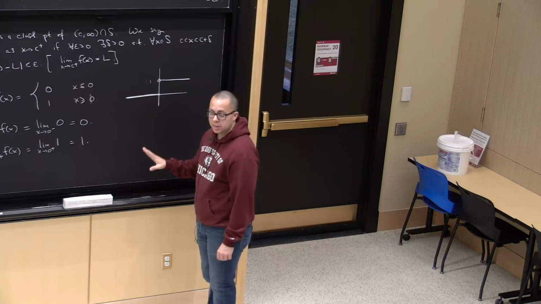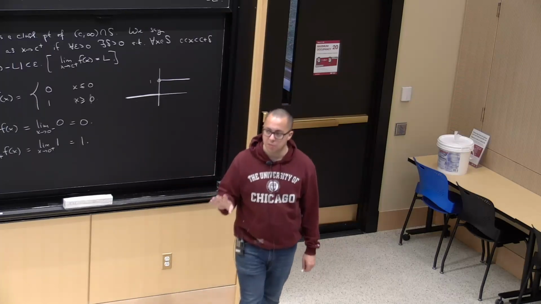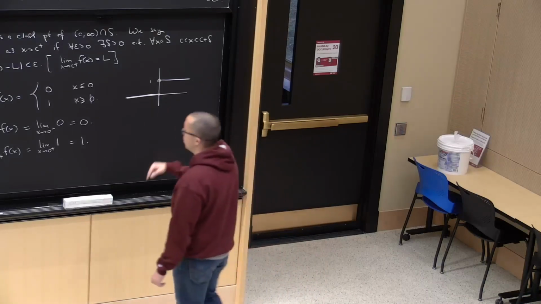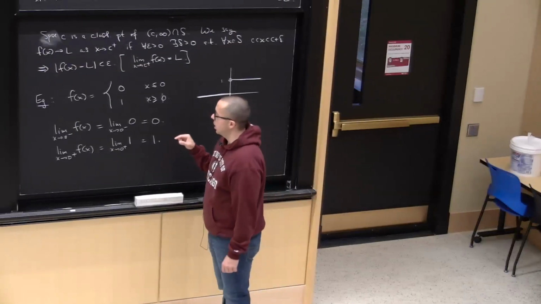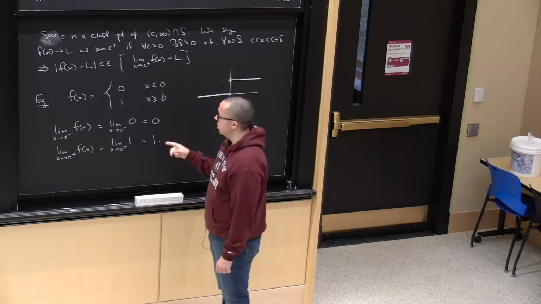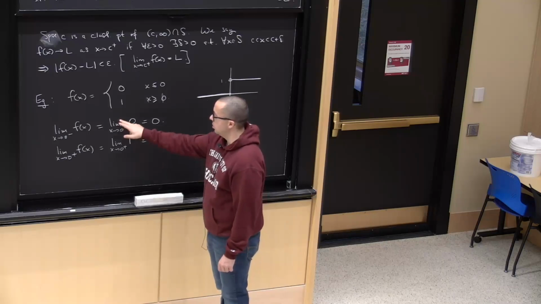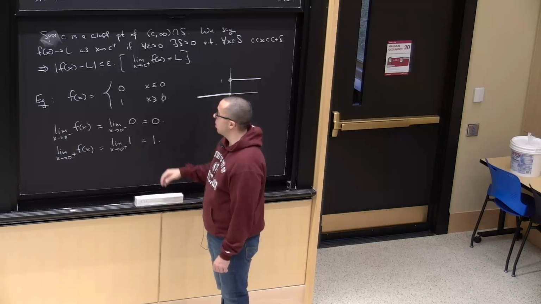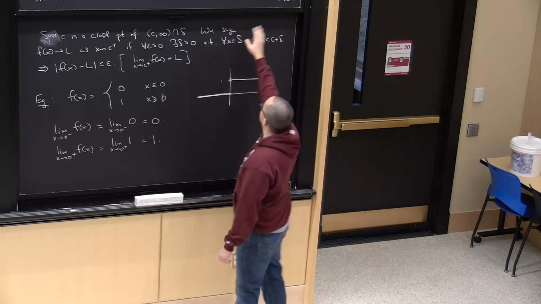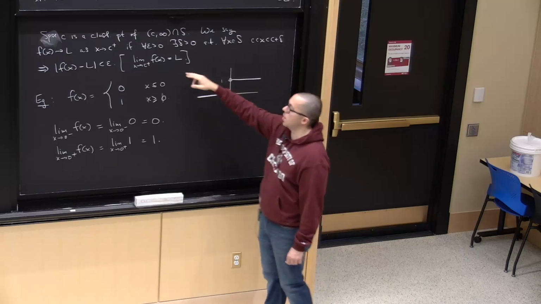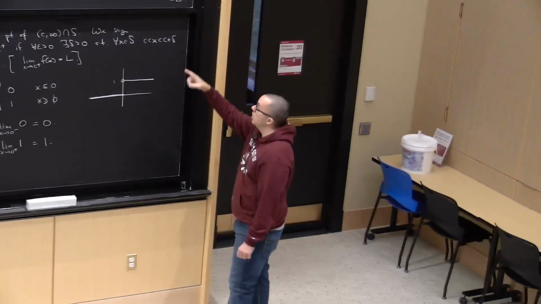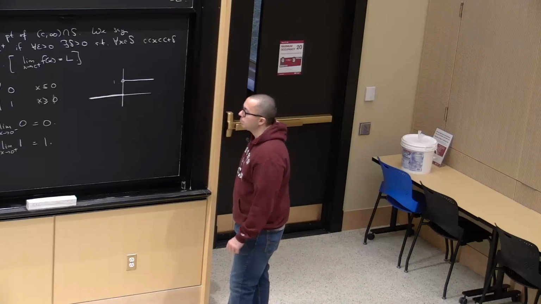Limit only cares about how a function behaves near a point. One-sided limits augment that by saying we're only going to care about the function near the point and to the left for the left limit and to the right for the right limit. I didn't say that, but this we call the left limit, this we call the right limit, simply because we're getting close to c from the left and from the right.